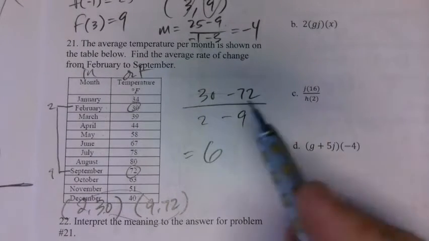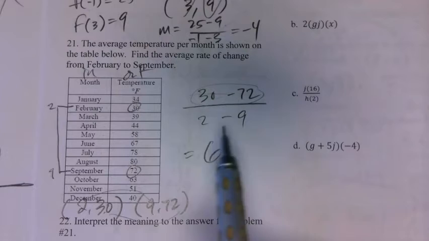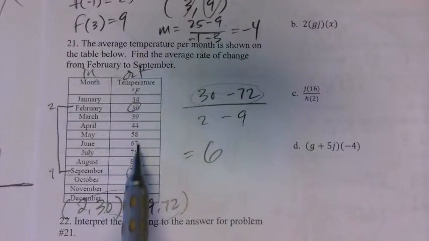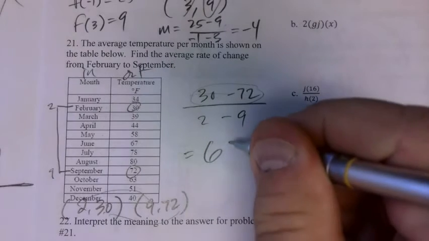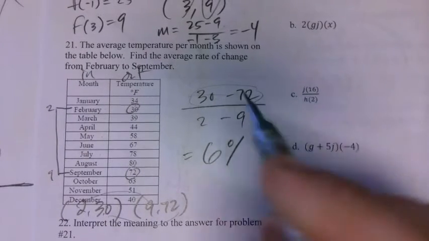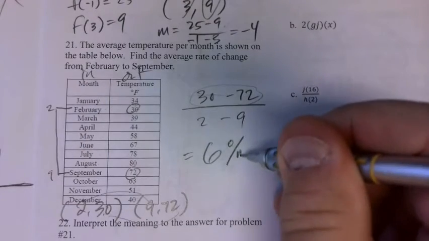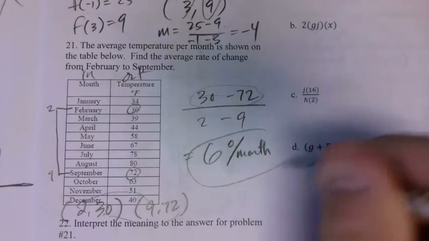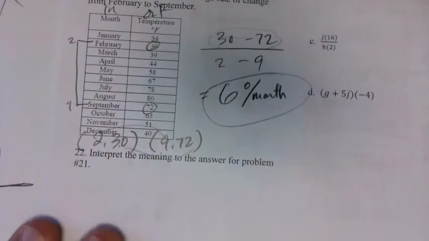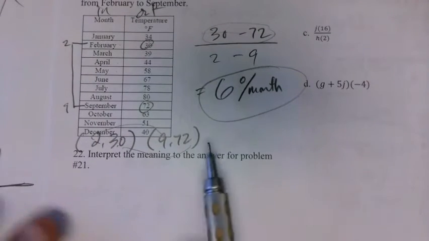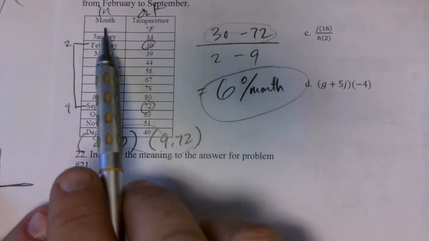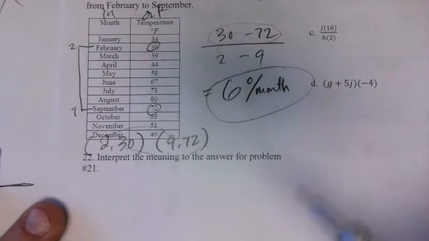6 what? Well, the units on top came from this column, degrees Fahrenheit. So degrees per, and this was month. Include your units because that will help you interpret it. Interpreting this, I need to include the units and the labels from all this.